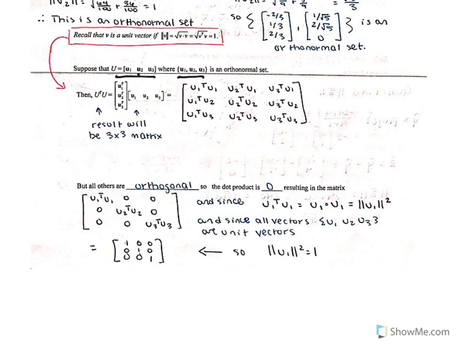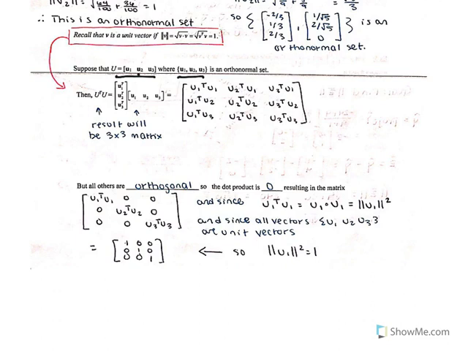Then we want to find out what happens if I multiply U transpose with U. Since I did U transpose, that means I would have to transpose each column to be in a row, so they go across now. And I multiply them by these 3 columns. So the result will be 3 by 3.